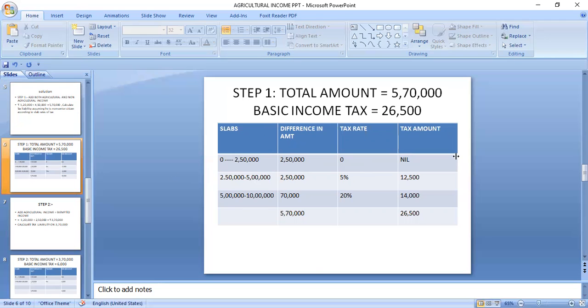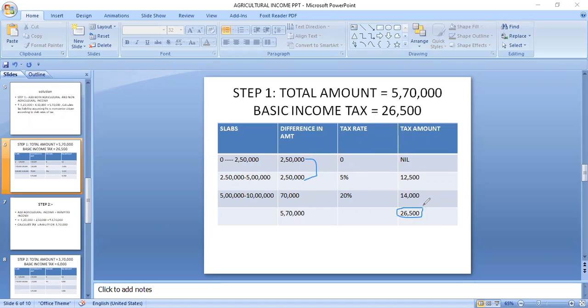In the third category is the remaining amount. Total these two, that comes to 5 lakhs. From 5,70,000, 5 lakhs is removed, then the remaining amount is 70,000. On 70,000, calculate 20%, we get 14,000. The basic income tax for step 1 will be 26,500.